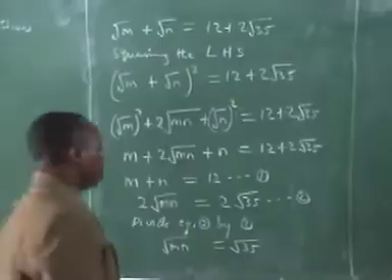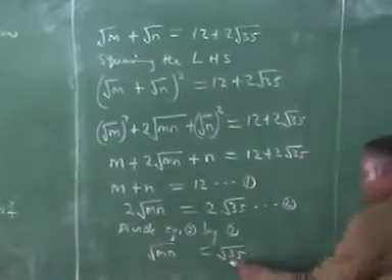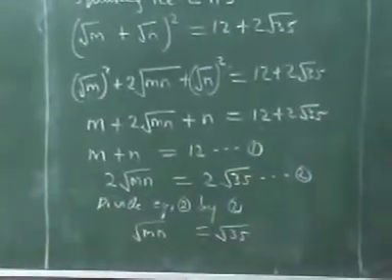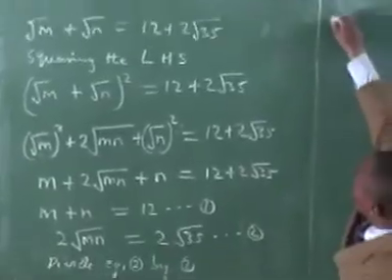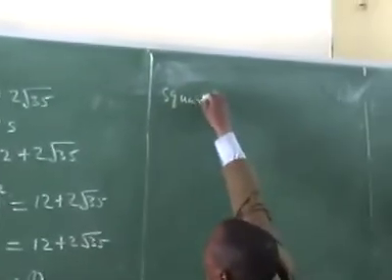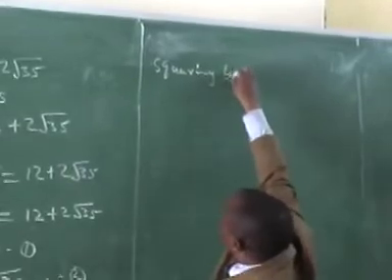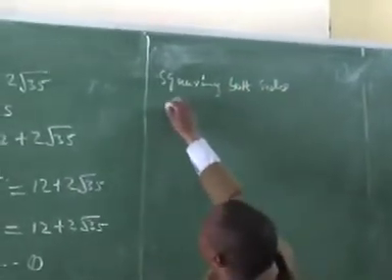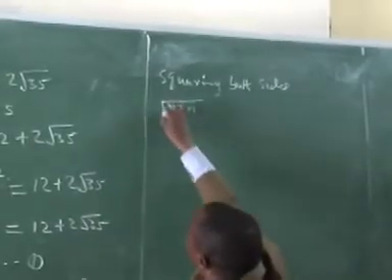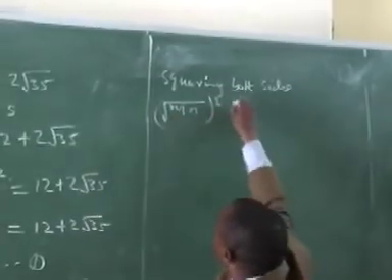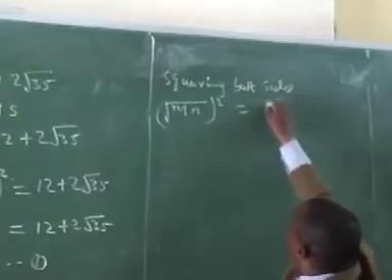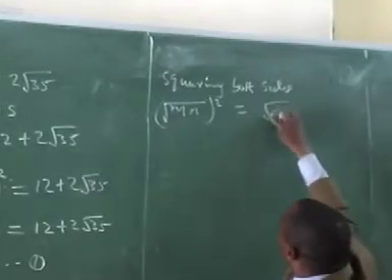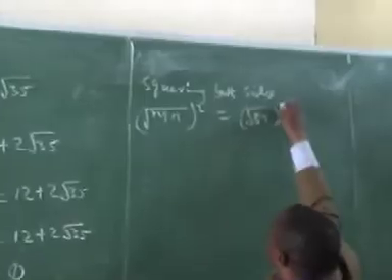And so in mathematics, if you have something like this, a square root, the next step we are going to take is to square both sides. Squaring both sides, we will have root mn squared equal to root 35 squared.